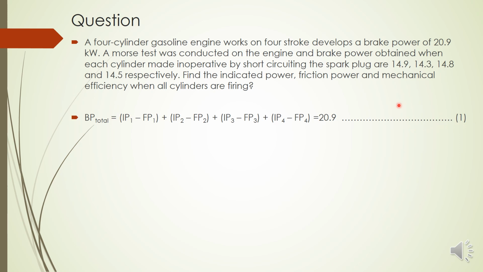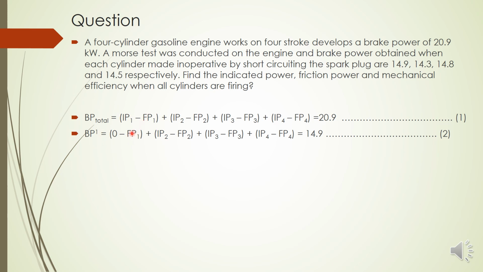Then the first cylinder is cut off. What is the change in this equation? We will represent this as BP1. To avoid confusion we will put the 1 as a prefix, because here also there will be some BP1. Different textbooks use different notation, so you can use any notation. So BP1 is for the first cylinder cut off.